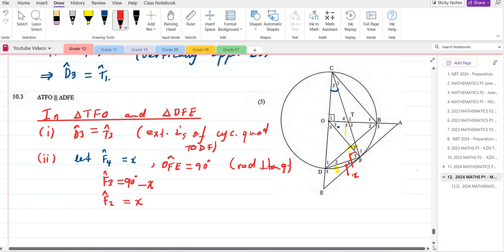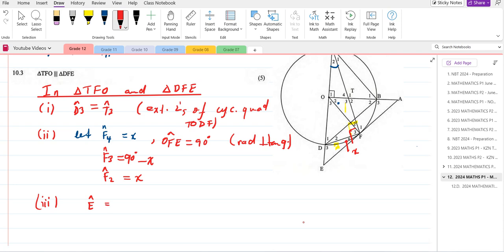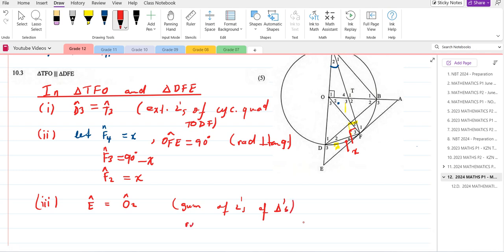Right, perfect. So now you got two angles equal and then the third angle of a triangle, so angle E is now equal to angle O2. Right, and that's third angle of triangle, or sum of angles of triangles. In other words, the remaining angles. Okay, so that's proved.